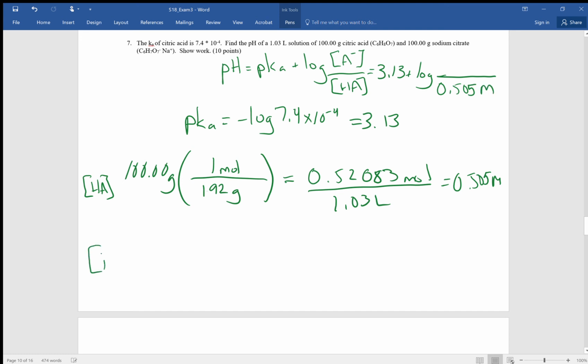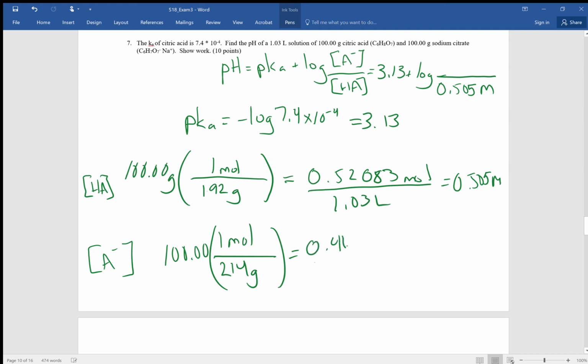We now need to do the same thing for A minus. We also have 100 grams of sodium citrate. The molar mass of sodium citrate, again, we can calculate that from the chemical formula, 214 grams. And we get 0.467 moles.